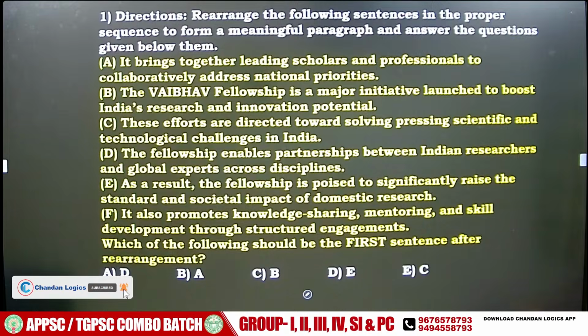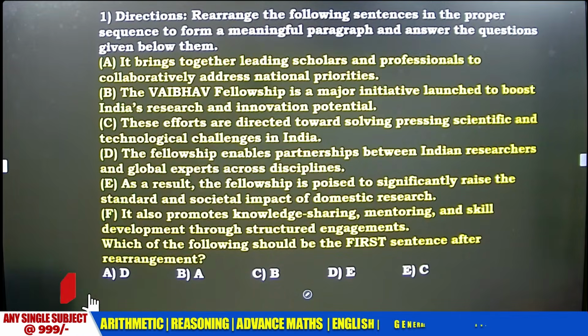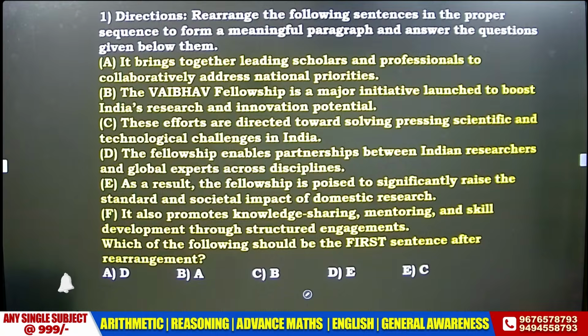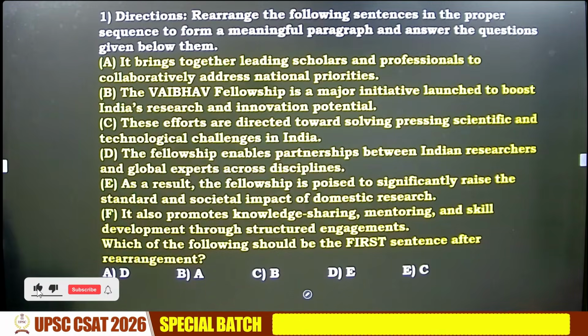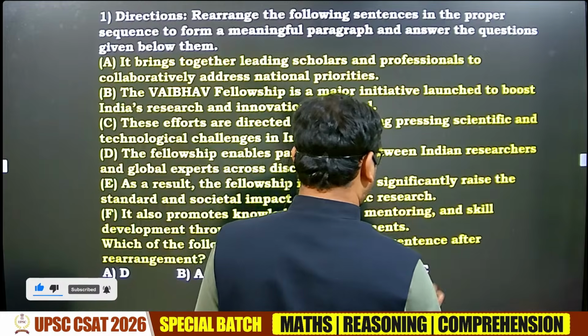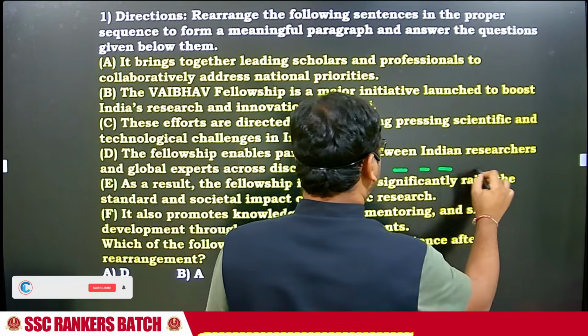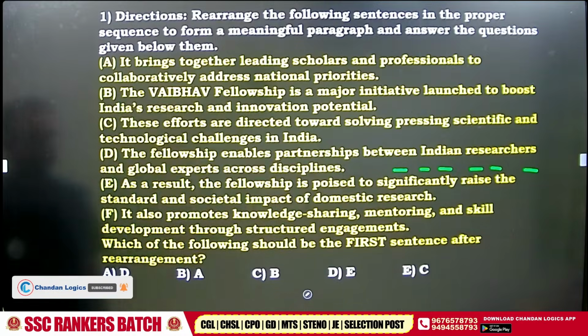Okay, chalo. Yes, guys. I think everybody knows the procedure. So, 6 sentences.